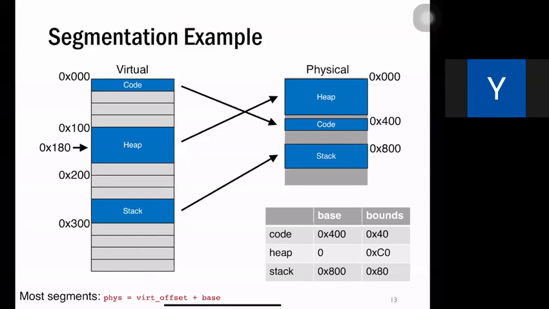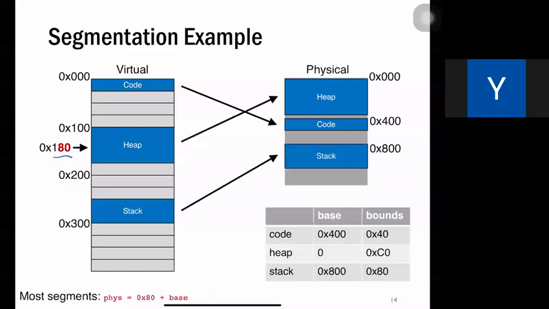So this slide shows an example of how exactly you translate a virtual address into a physical address. On the very left-hand side of the slide, you get a virtual address, which is 0x180 in hex. This is somewhere in the middle within the second memory segment, which is the heap segment. In order to calculate the corresponding physical address, you first need to extract the virtual offset from this virtual memory address. Obviously, its virtual offset is 0x80.